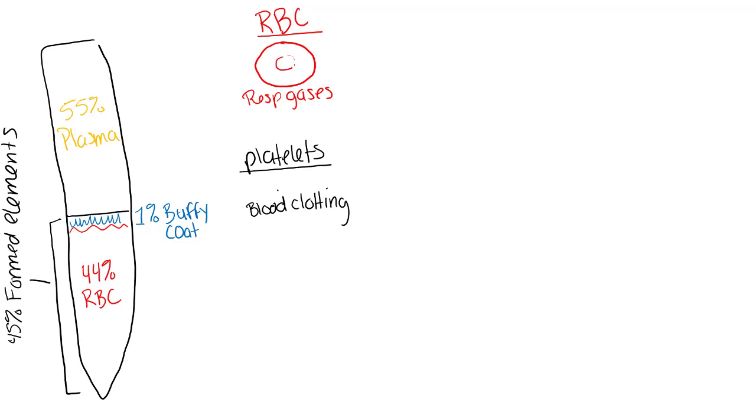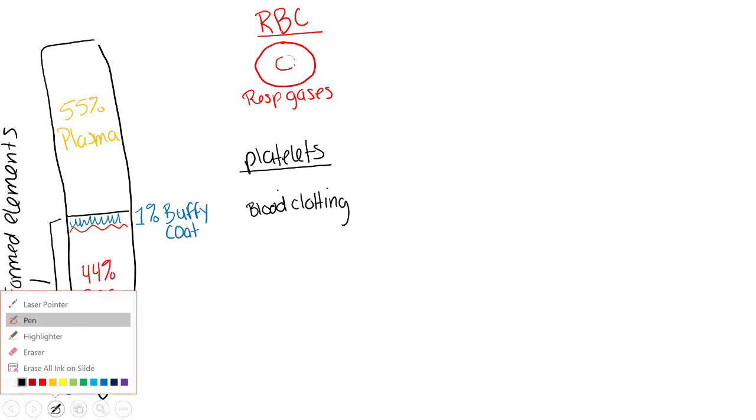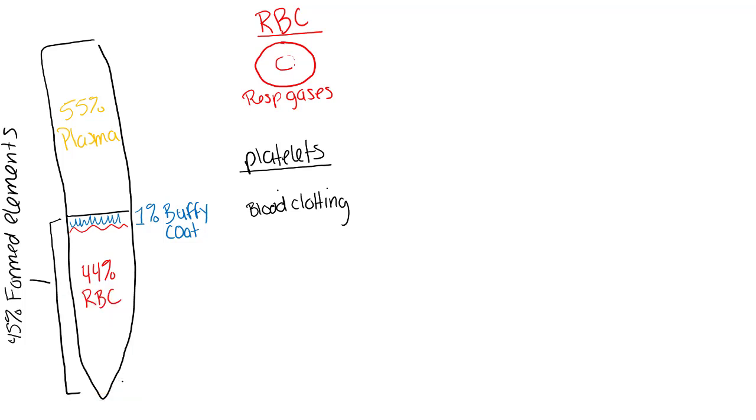Now, for the remainder of this video, we are going to focus on our leukocytes, or the white blood cells. Our leukocytes are divided into two categories based on how they look underneath the microscope. We have granulocytes, and we have agranulocytes.